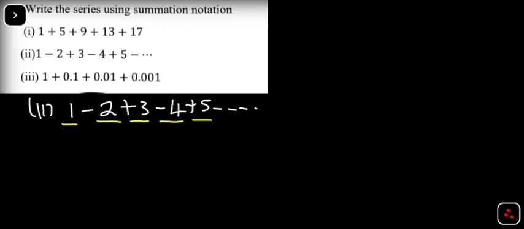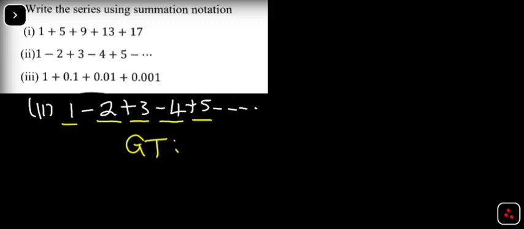Since the first term is positive, we are going to alternate the sign, meaning that we're going to use negative one. So our general term, I'll use GT, will be GT.